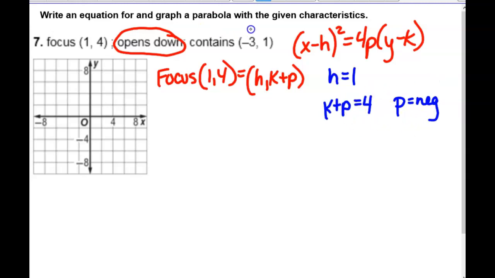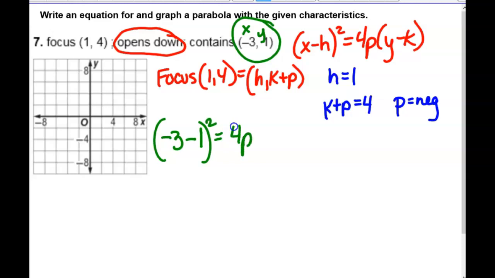And we know because of this that we have an x that goes through -3 and a y that goes through 1. So what do we do next? Okay, go back up to the top. What are we going to put in for x? What are we going to put in for h? 4p we don't know. What are we going to put in for y?